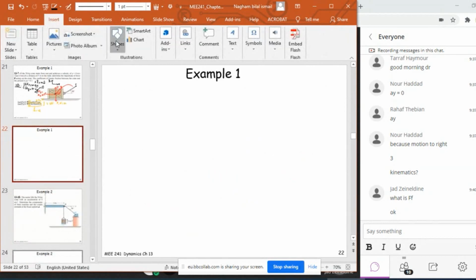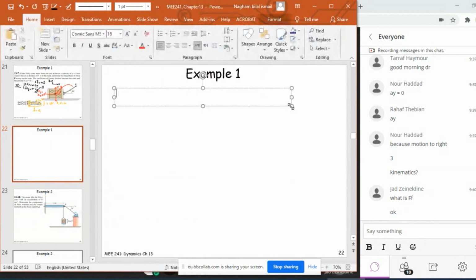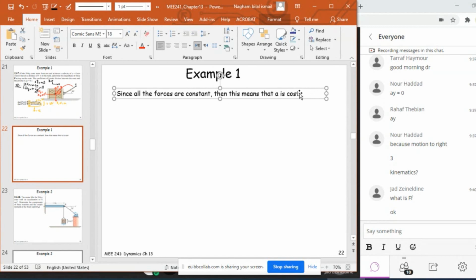All right? So since all the forces are constant, this means that A is constant. And since A is constant, guys, what does this mean?